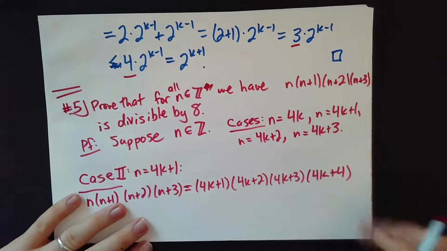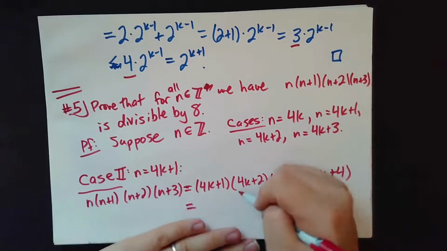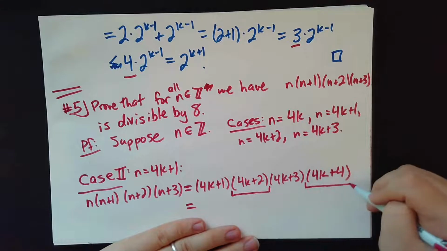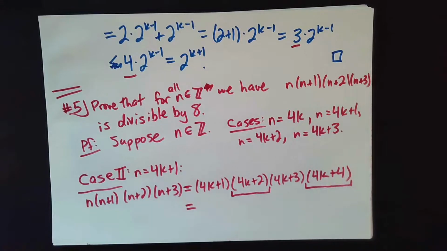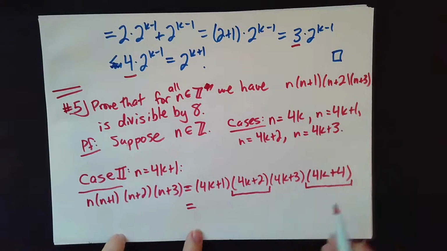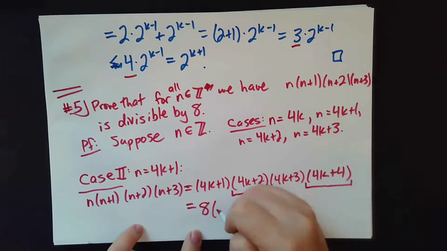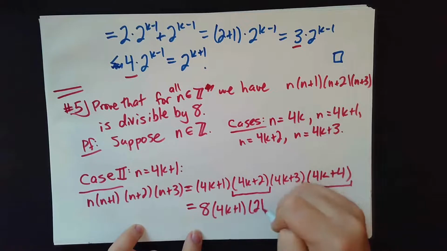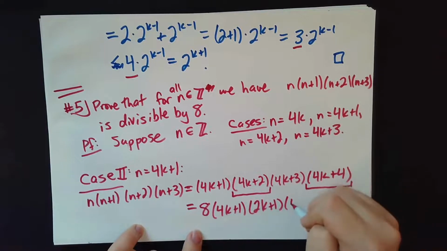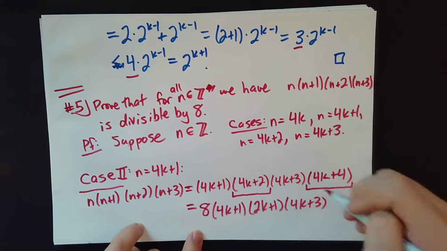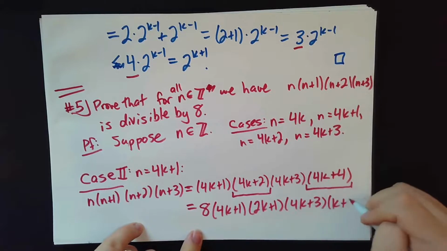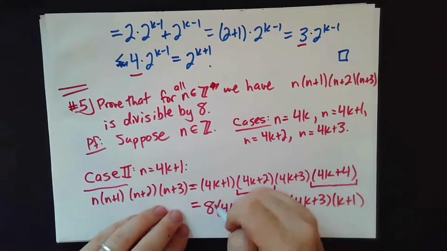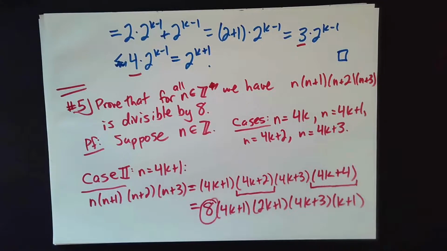And what I need to notice is that I can factor a 2 out of this and a 4 out of this. And so if I factor a 2 out of this and a 4 out of this, that's going to give me that this is 8 times 4k plus 1 times 2k plus 1 times 4k plus 3 times k plus 1. And in particular, that means this thing is a multiple of 8, which is what I wanted.